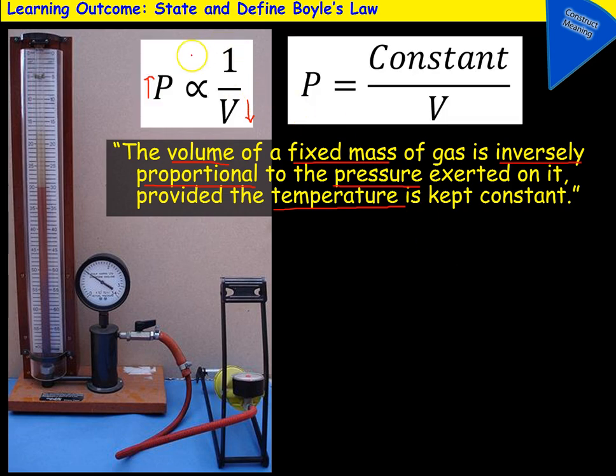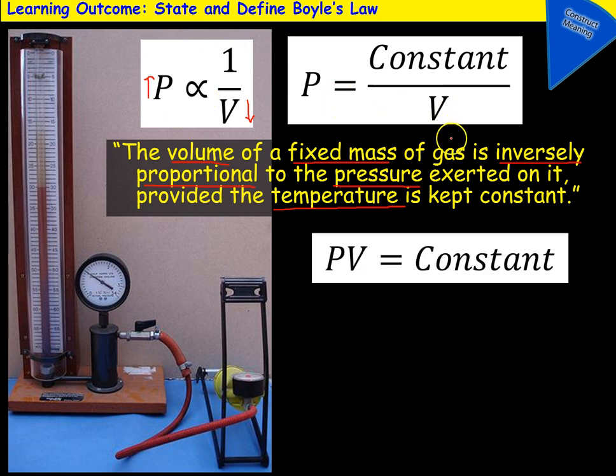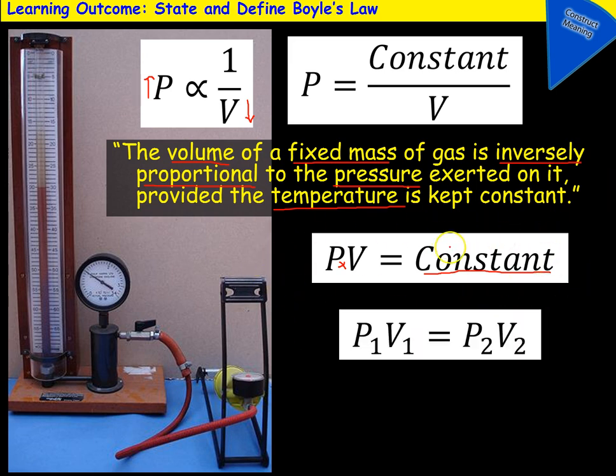What we can then do is make this into an actual equation, and we end up with PV equals constant. So if I do pressure times volume, that will always give me a number that is constant. Now, for combined students, it kind of stops there. Just on this bit, there is a little bit more in a second for combined students as well.